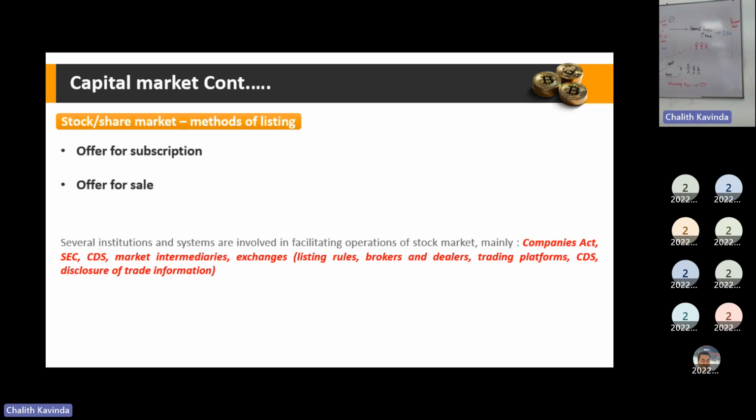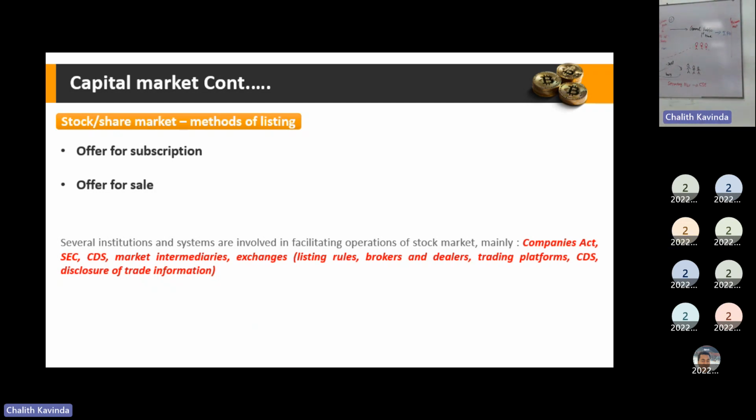Yes, CSE fees, Colombo Stock Exchange fees, Securities and Exchange Commission fees, brokerage fees, then share transaction levies. Right, so there are certain thresholds. If you go beyond that threshold, certain percentages are applicable. But if you are below those thresholds, other percentages are applicable. So all these details are on the stock market website.